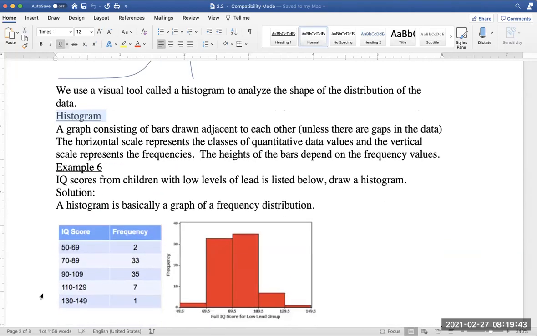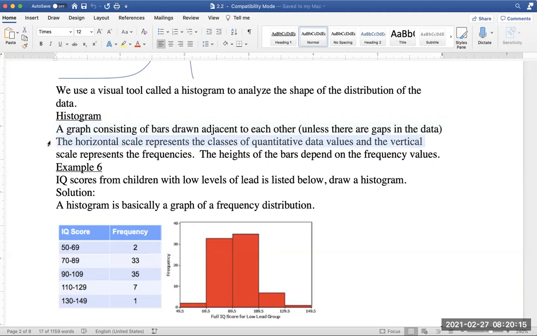Okay, so a histogram. A graph consisting of bars drawn adjacent to each other is called a histogram. Now sometimes there'll be gaps because the frequency is 0, so the height of the bar is 0 and it'll look like a gap.